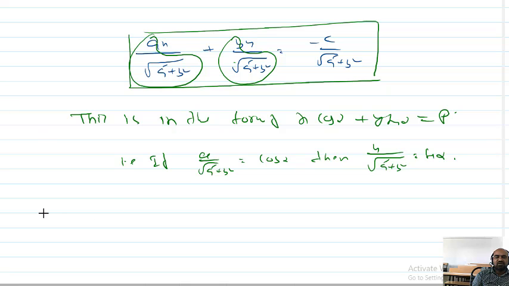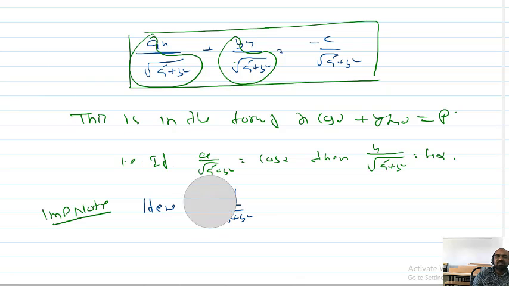Important note. Here, minus c by root over a square plus b square: minus is not correct, you need to use modulus.